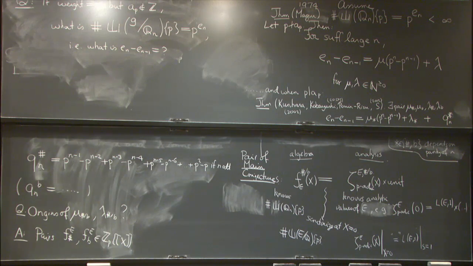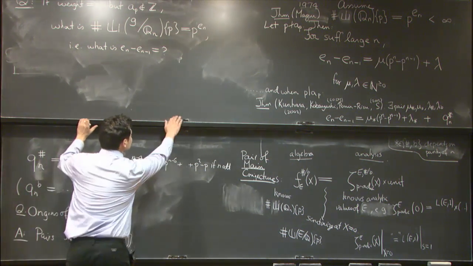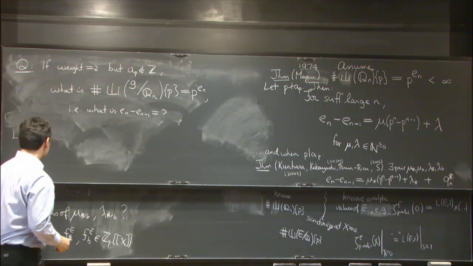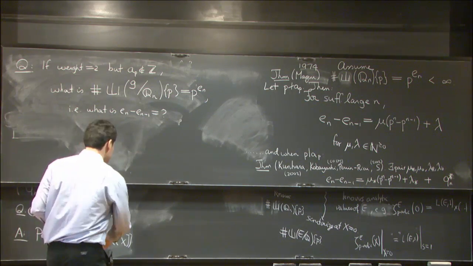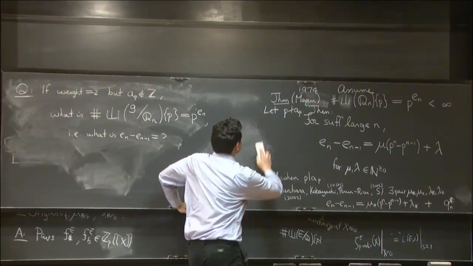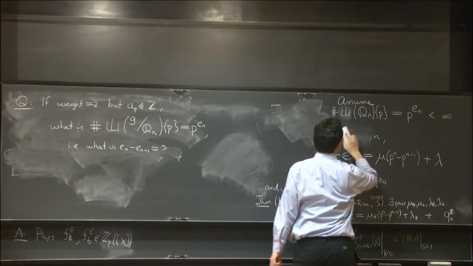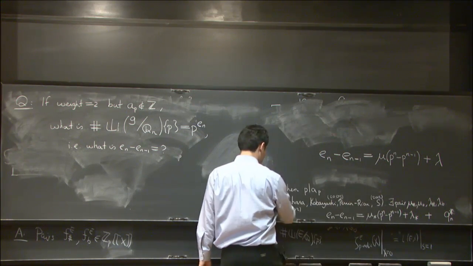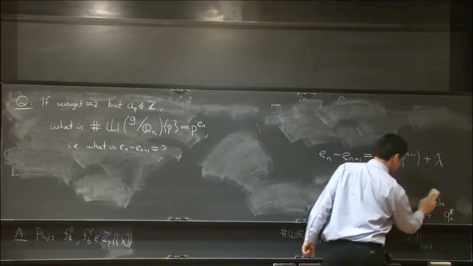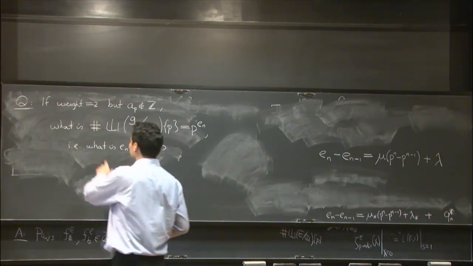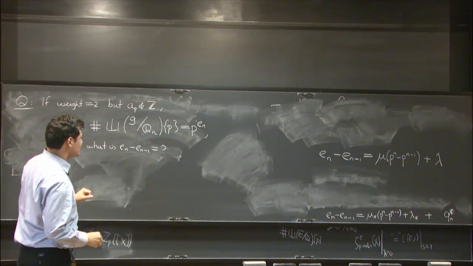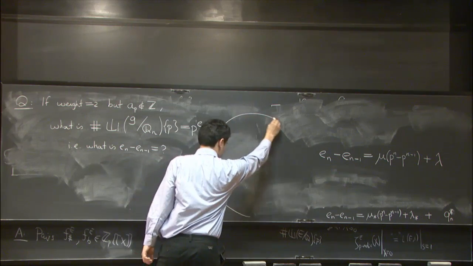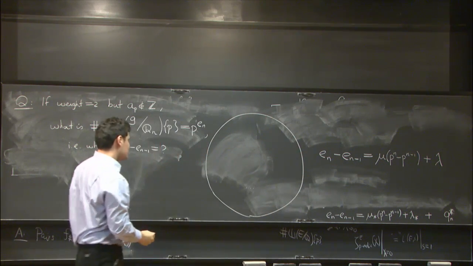Well, the answer turns out to be extremely weird. So recall that I've drawn a picture of the p-adic disk. So let me draw it again. I will need this formula, and that formula as well. So recall we're in the weight 2 case, but A_P is not necessarily an integer. Draw the p-adic disk again.